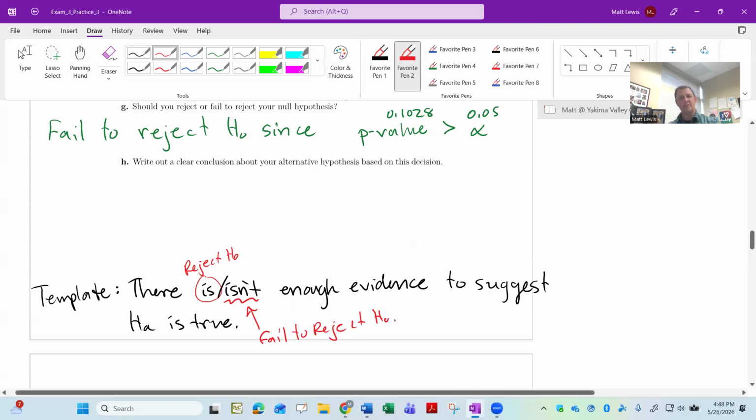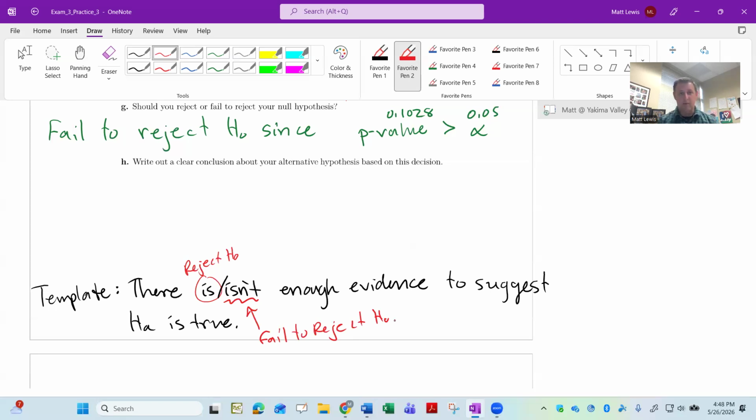Because the null and alternative are set up in opposition to one another. So if we reject, there is enough evidence for the alternative. If we don't reject the null, then there's not. So this is definitely a case of there is not.